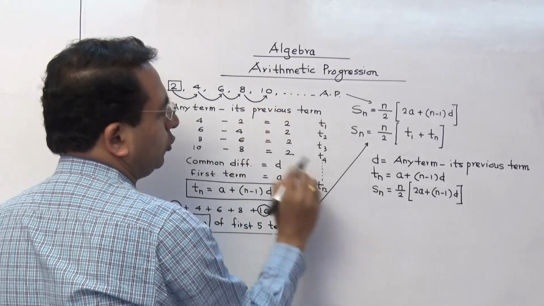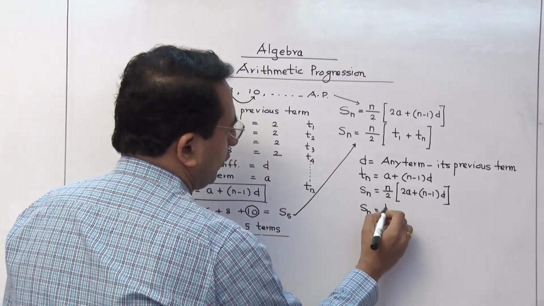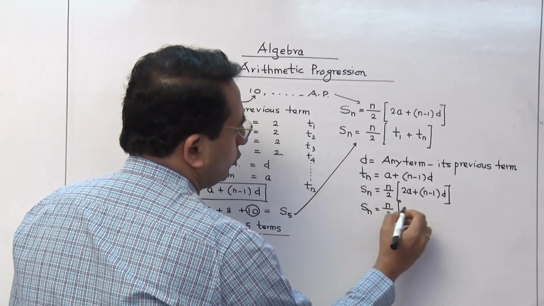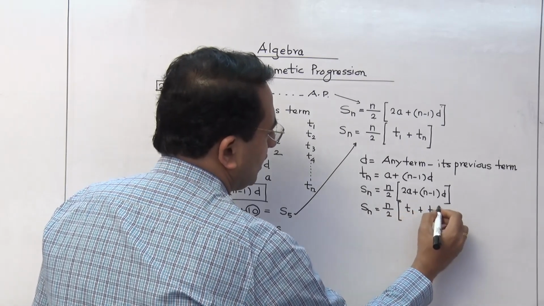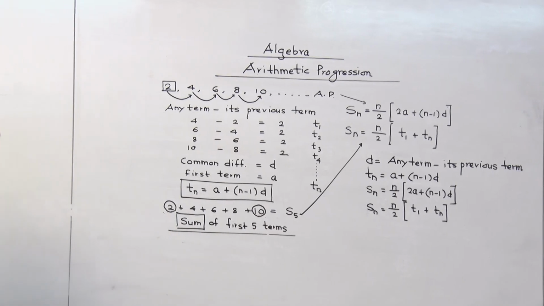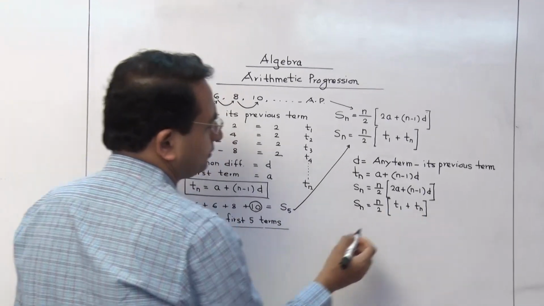Last term is not known. In that case you have to use this. And there is one more formula for the sum, that is n by 2 into T1 plus Tn. T1 means first term and Tn means nth term.